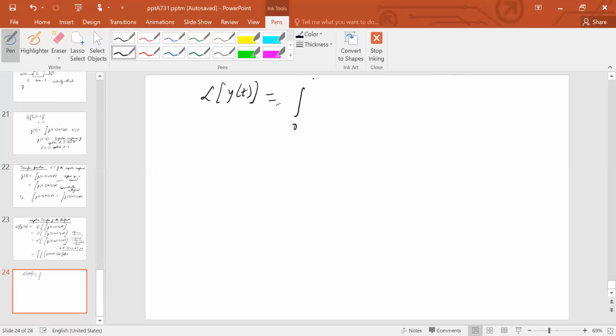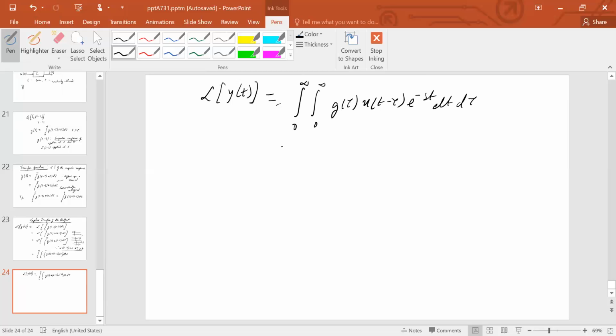We might as well write this as the integral from 0 to infinity. Let us change the order of integration now. We'll change the order of integration and we can write this as g of tau, u of t minus tau, e to the power minus st, and we bring the dt inside and the d tau outside. We change the order of the integration.